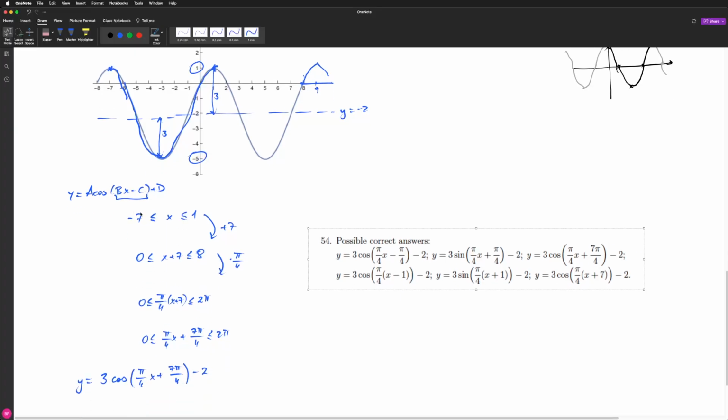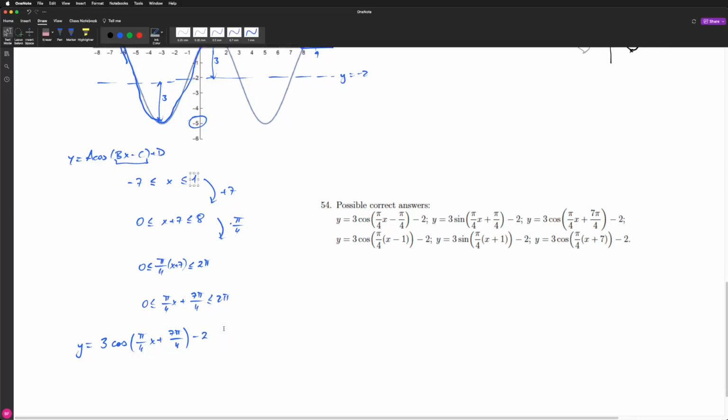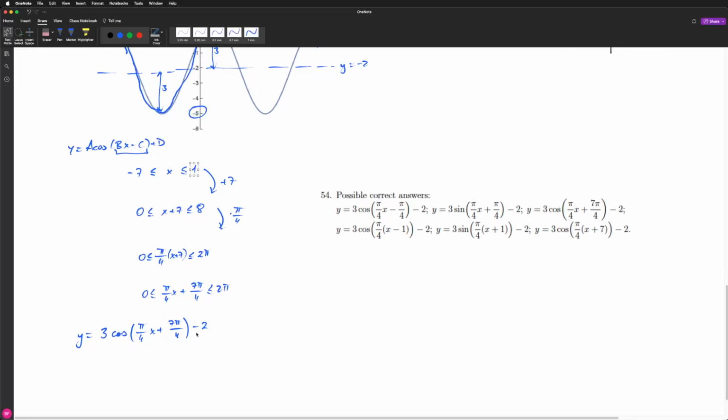I'd start at -7 and go to 1. So if I add 8 to this number, I will get to, well, start at 1 and end at 9, for example. I would get another way of writing another cosine, maybe this one.